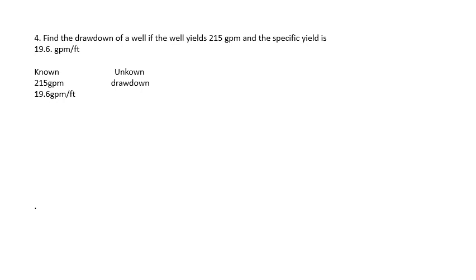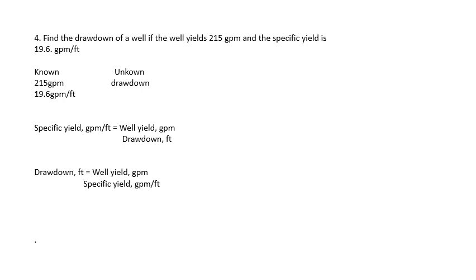What we don't know now is the drawdown. This is the equation we were using earlier. We need to rearrange it for drawdown. So you're going to take your drawdown to one side and your specific yield, you're going to switch them. So drawdown in feet is equal to well yield divided by specific yield. And then your gallons per minute will cancel out and you'll be left with feet.